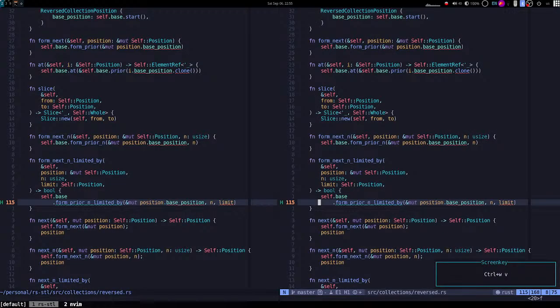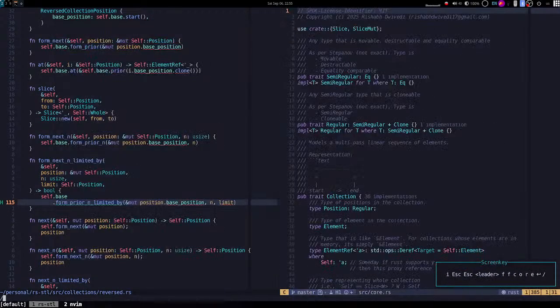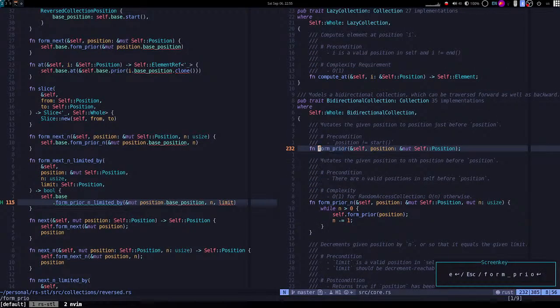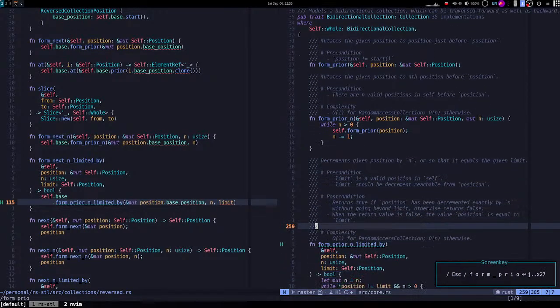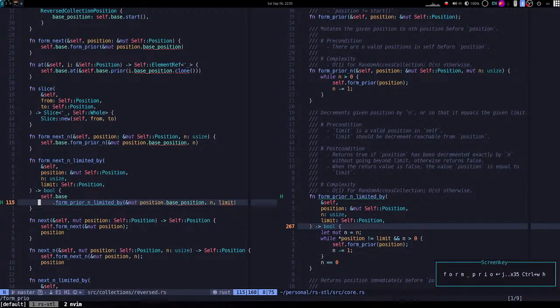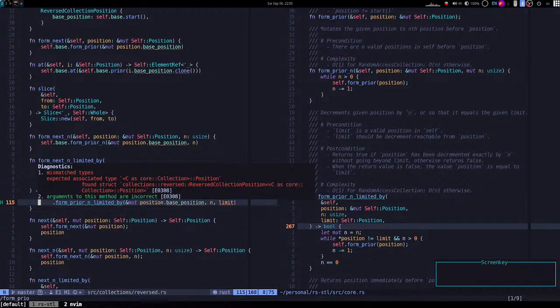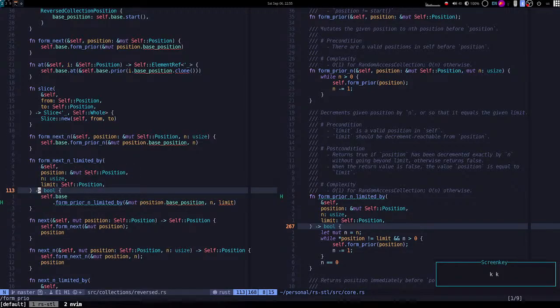Wow, I think bidirectional collection is wrong or what? Form prior n limited by, that is correct, right? Found struct, expected type this position. Okay, position.base_position and limit. Okay, that is self position, but it should not be self position.